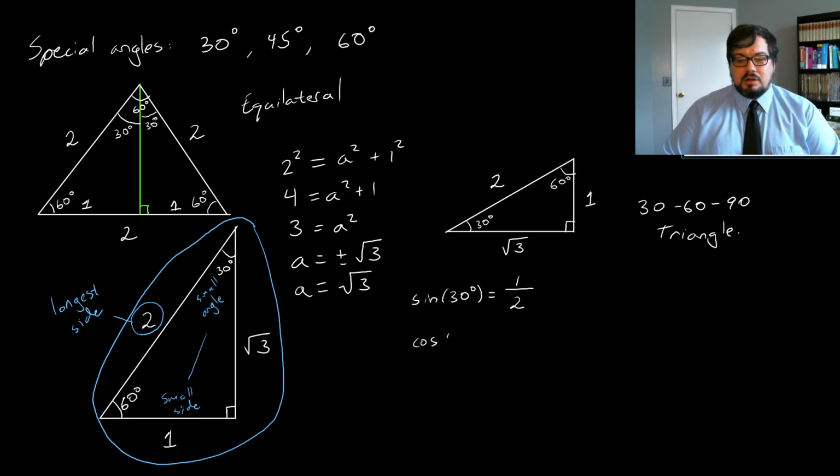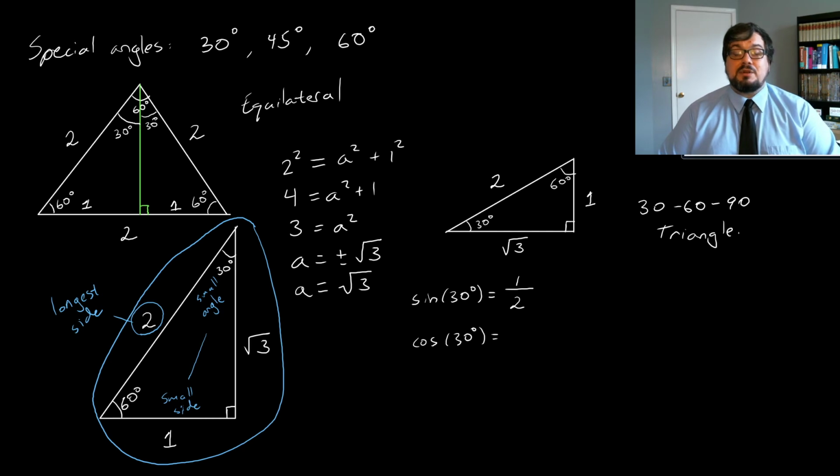Cosine of 30 degrees is the length of the adjacent side over the hypotenuse. And again, which side is adjacent depends on which angle you're looking at. In this case, we're looking at our angle of 30 degrees. And so the adjacent side has length square root of 3, and the hypotenuse still has length 2.